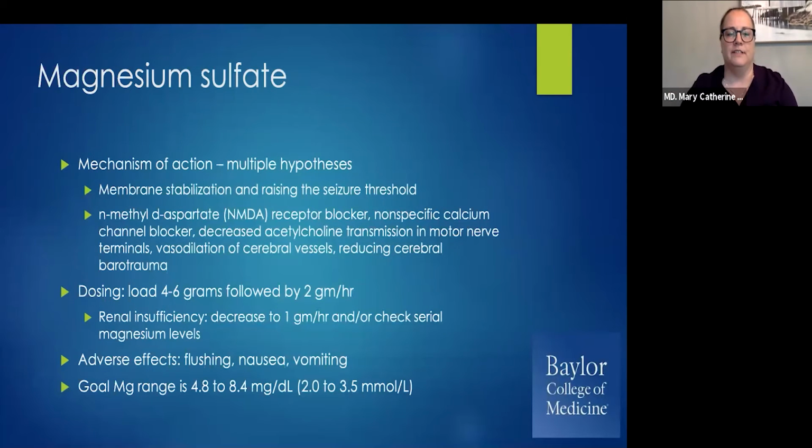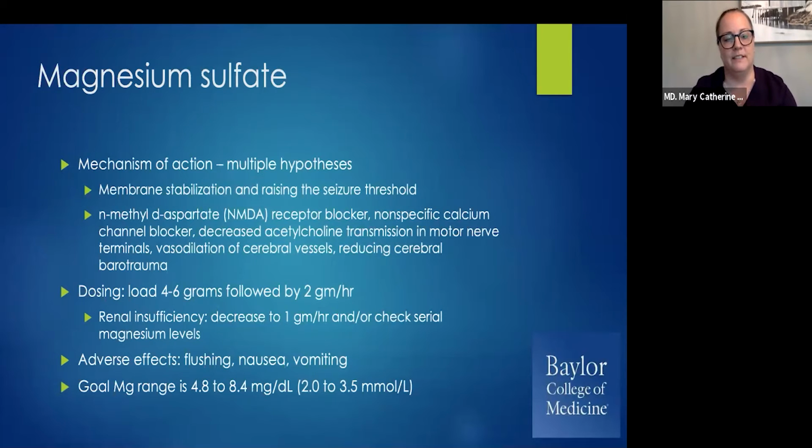But some of those theories include action at the NMDA receptor blockade, non-specific calcium channel blockade, decreased acetylcholine, vasodilation of the cerebral vessels, thus reducing cerebral barotrauma. So there's lots of theories out there, but none that's really clearly delineated the mechanism of action.